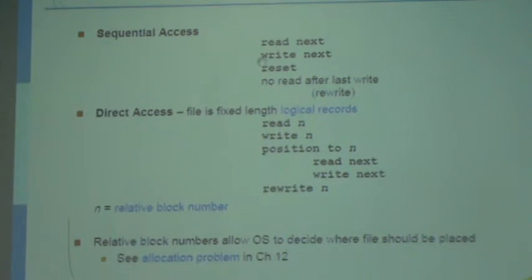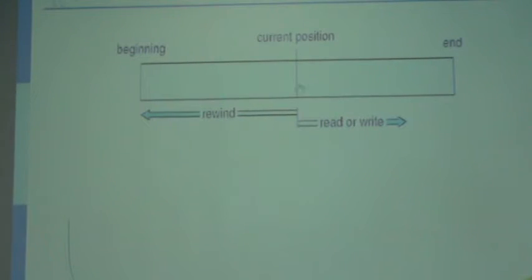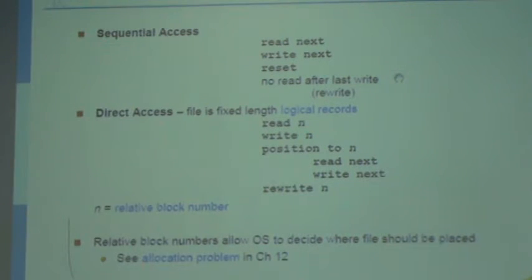Write is the same, so we will write next. And reset makes the current position go to 0. So in sequential access the data is stored sequentially, 1, 2, 3, 4, 5 to the end. When you read the file, it will just start from one point, then read sequentially to the end. There's another one, called direct access.